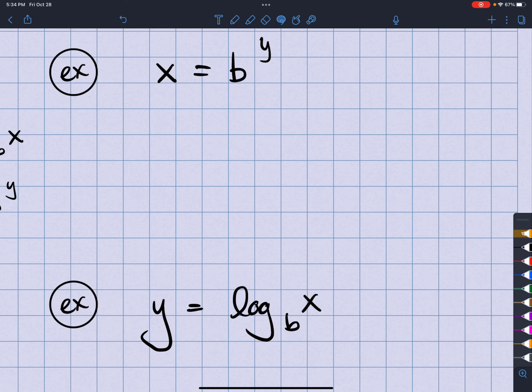Because if you think about it, 2 to the 1st is 2, 2 squared is 4, 2 to the 3rd is 8, 2 to the 4th is 16, 2 to the 5th is 32, and then 2 to the 6th will be 64. So since the bases are the same, that means I must have the equation 2x plus 3 is equal to 6. So then I can solve. 2x is equal to 3, so x must equal 3 halves. And there I go.